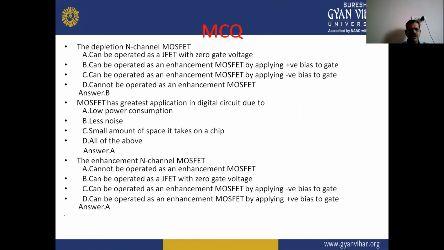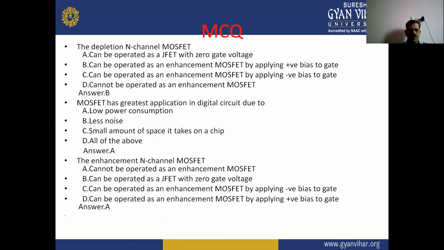Next question: MOSFET has greatest application in digital circuits due to option A, less power consumption, option B, less noise, option C, small amount of space on a chip, and option D, all of the above. So here the correct option is A, that is, the MOSFET has greatest application in digital circuits due to low power consumption. In the next question, the enhancement n-channel MOSFET: option A, cannot be operated as a depletion MOSFET.